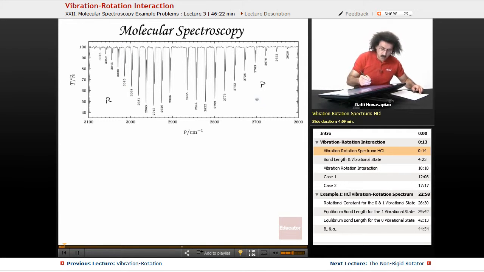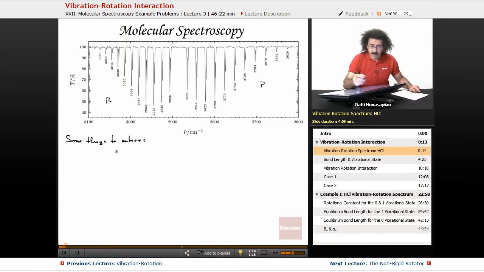So some of the things that we want to notice here. The first thing you want to notice is that the distances between the lines in the two branches are not equal. In other words, the distance from here to here is not the same as the distance from here to here.